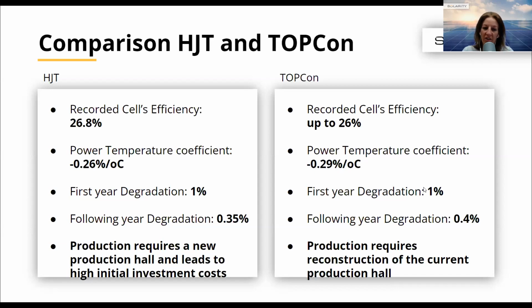For heterojunction, there is a huge one. For Topcon, they can stay. But as you see, lately everybody will go for heterojunction, so the investment in their factories has to come in the future anyway.